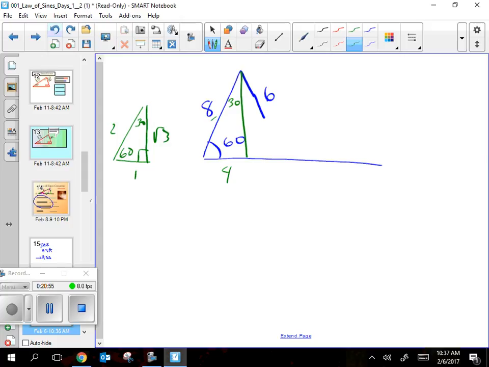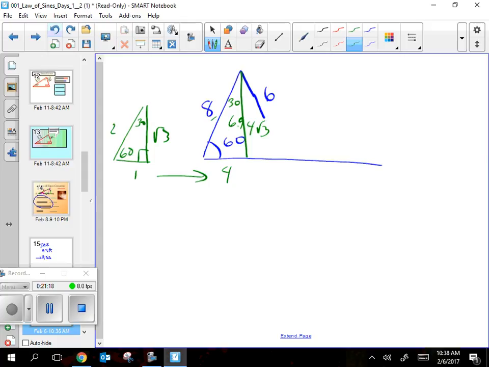Then I can see, oh, this is 4 times bigger than that one is. So then this would be 4 root 3. And then I grab my calculator and see what 4 root 3 is. 4 times the square root of 3 gives me 6.9. That side would be 6.9 if it was just right.